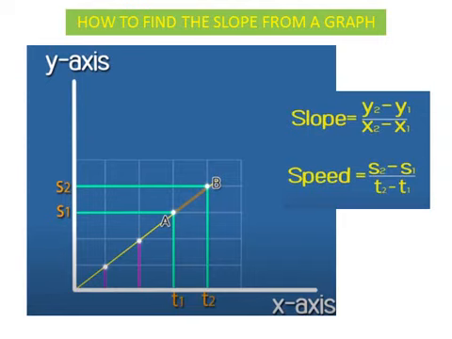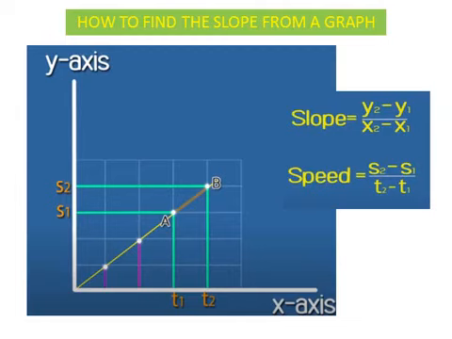Right, now how to find the slope of this? We have already seen the slope is y-axis value divided by x-axis value. So the y-axis values are S1 and S2. The difference between these two is S2 minus S1, divided by the x-axis value T2 minus T1.